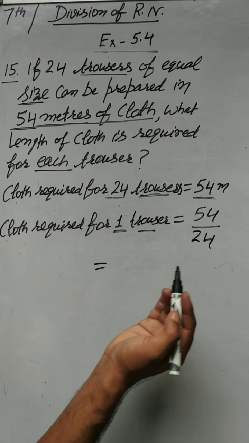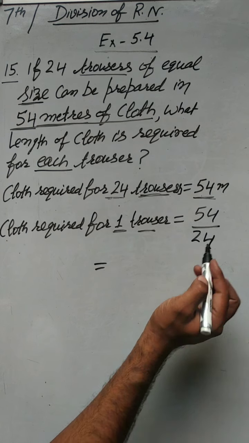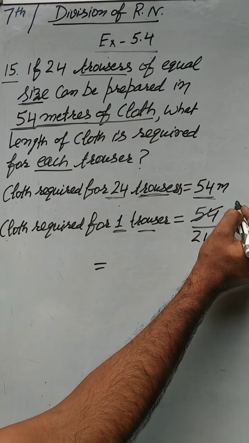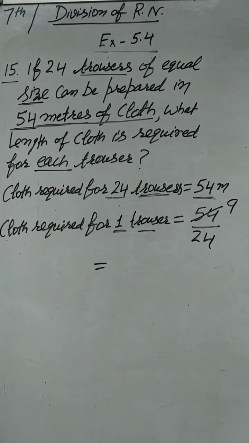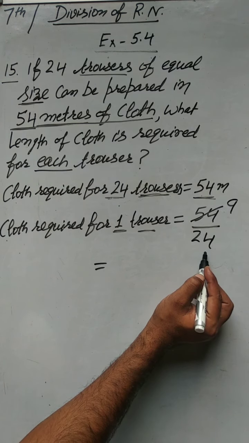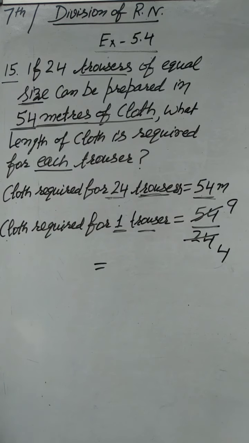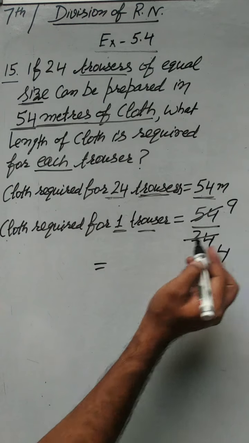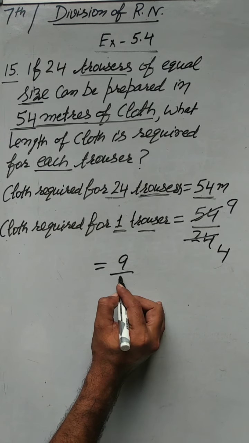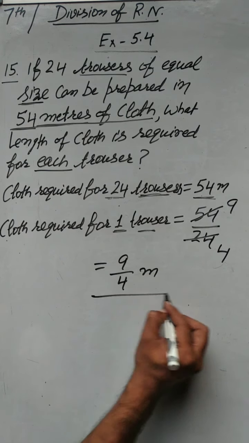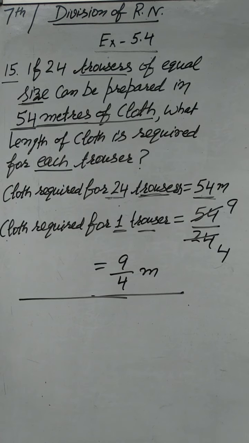Now beta, we can cancel it on the table of 9. 9 6s are 54 and 4 6s are 24. So cloth for one trouser is equal to 9 upon 4 meter. Understood beta? Clearly? This is all about the exercise 5.4.